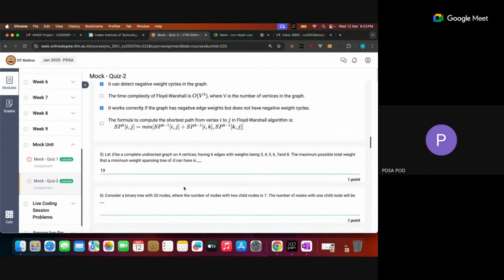Yeah, this is the question: 3, 4, 5, 6, 7. Is it the correct question? Sir, I want to know how you conclude on the graph because you randomly drew it. It is definitely 4 vertices and 6 edges.